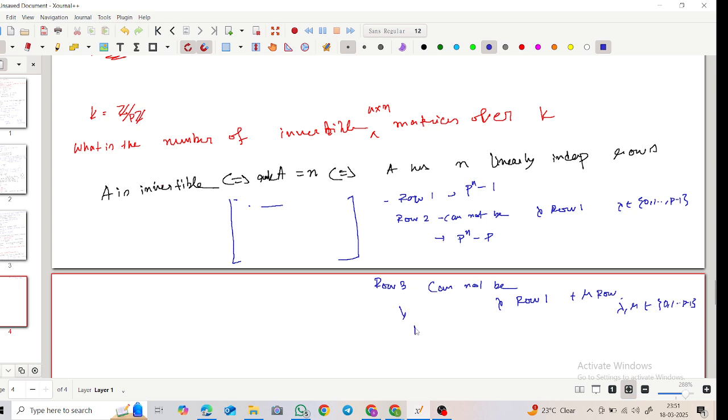So row 3 has p to the power n minus p squared options. This way it will be p to the power n minus 1, p to the power n minus p, up to p to the power n minus p to the power n minus 1. Okay, that is the answer.